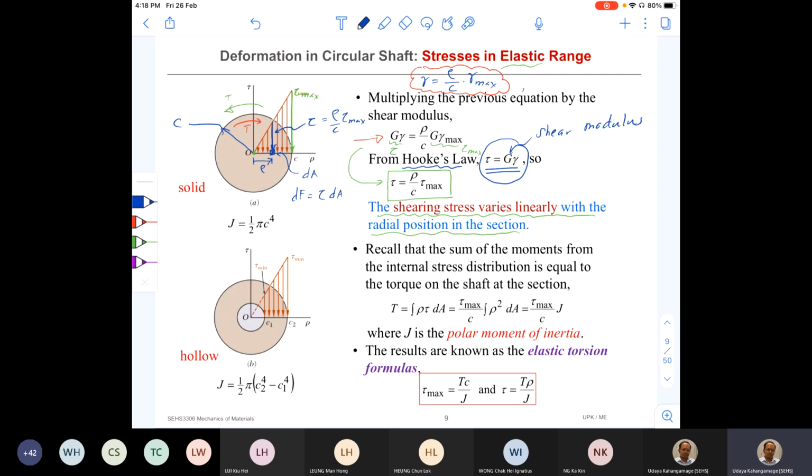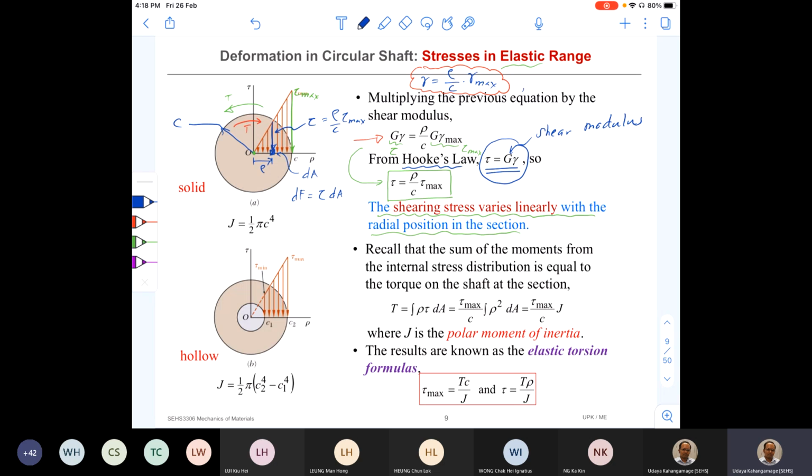You understand what I'm doing here now? I take the shear stress at the area dA and multiply it by dA. Then I get the force on that small area, tau times dA.